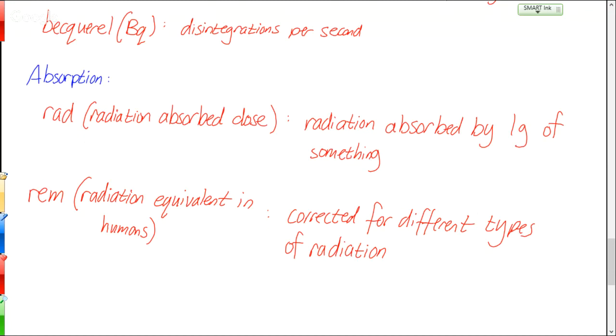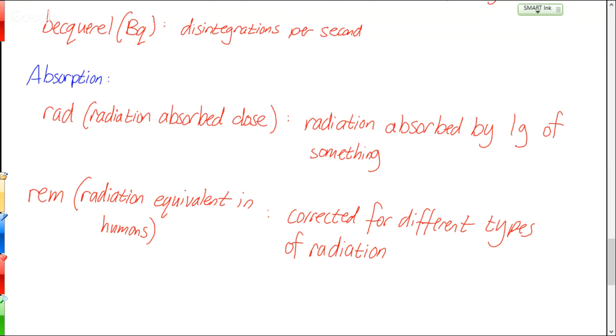So a rad of alpha particles is worse for you than a rad of beta particles. So the REM attempts to correct that by having some factors that you multiply things by. We're not going to get into all the calculations there. You can look it up in the book if you're interested. But if you look at how much radiation you're exposed to, or charts about safety with radiation, that's always going to be measured in REM.